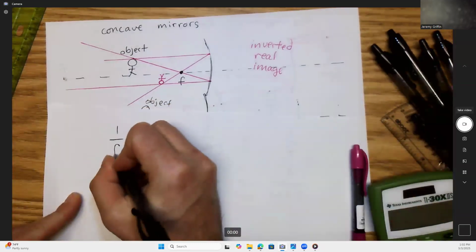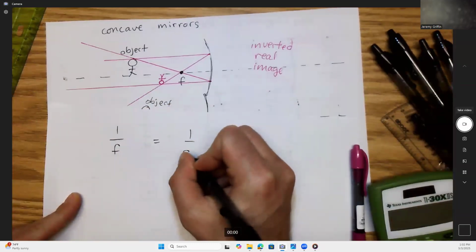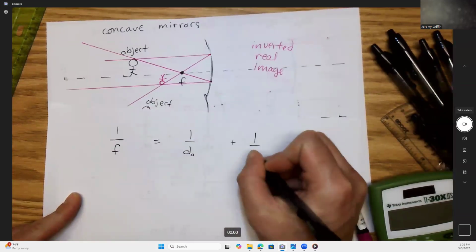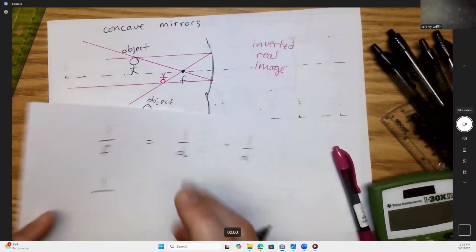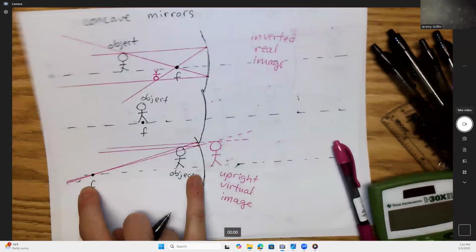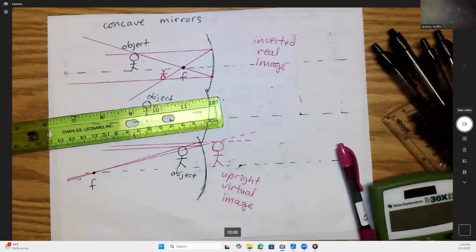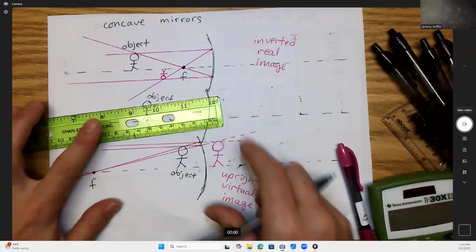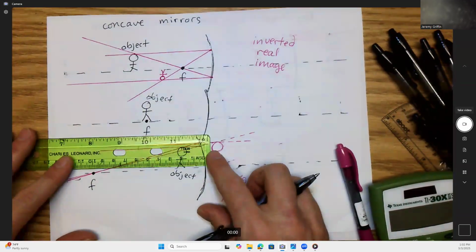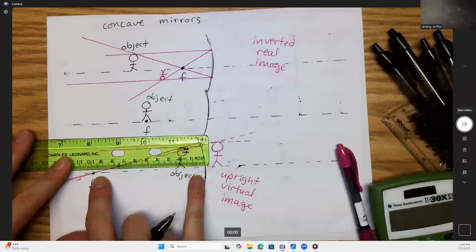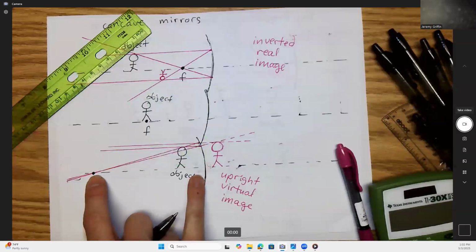So 1 over focal is 1 over distance object plus 1 over distance image. Okay. So 1 over, now my focal distance I've got as looks like about 10 centimeters. Guess that's pretty close to 10 centimeters right there.